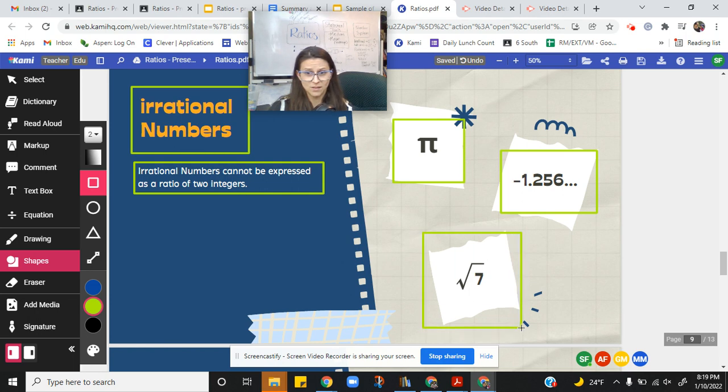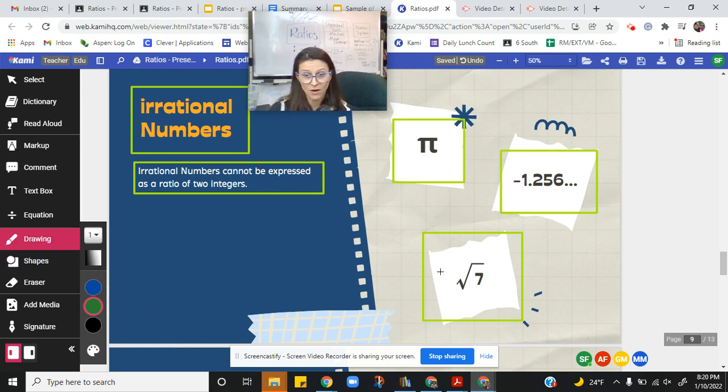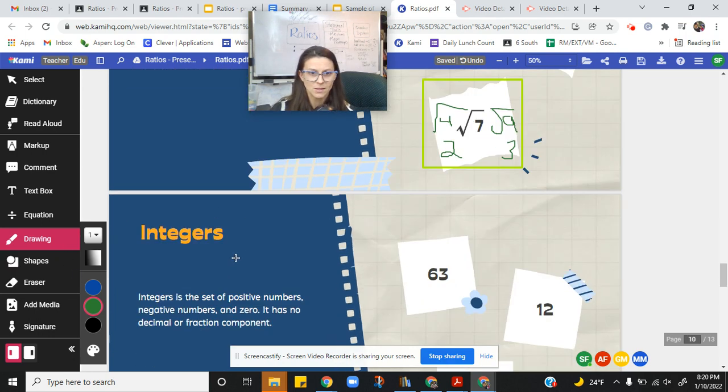Often those numbers can be found by taking the square root of a non-perfect square. So the perfect squares that are in front of 7 are 4, because the square root of 4 is 2, and then 9, because the square root of 9 is 3. So the square root of 7 lives between 2 and 3, but it's irrational. We don't know exactly what its exact value is.